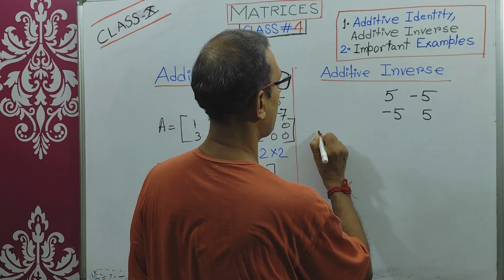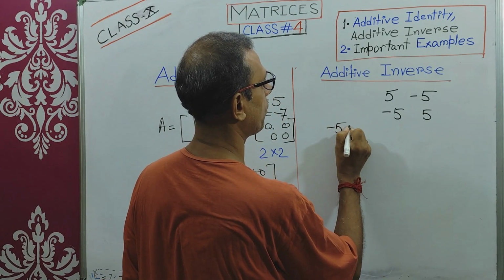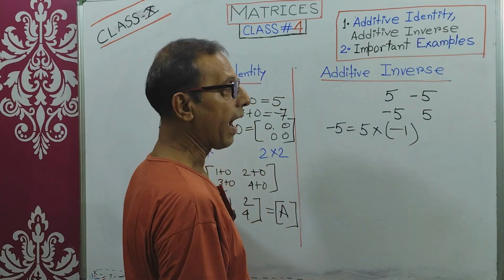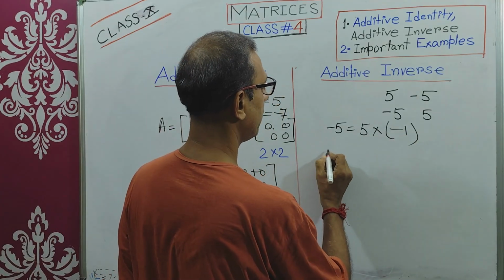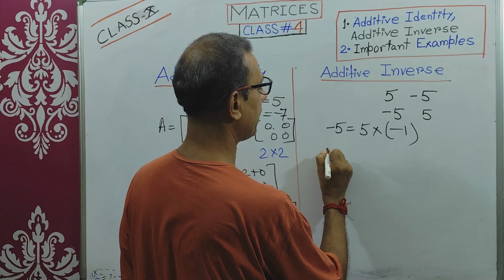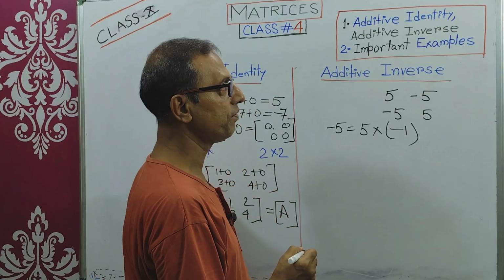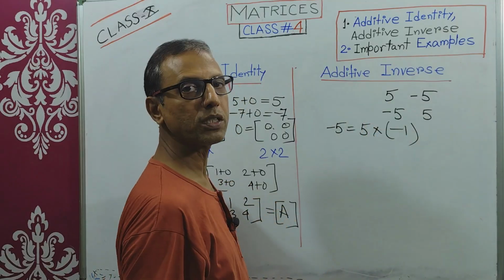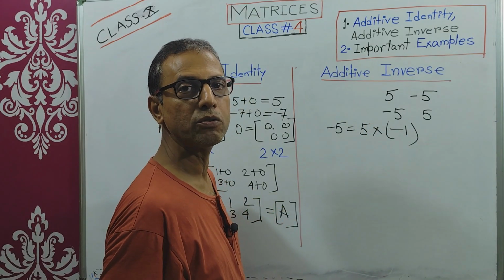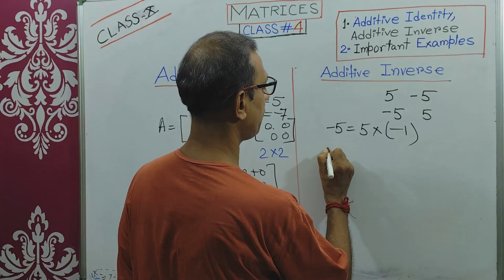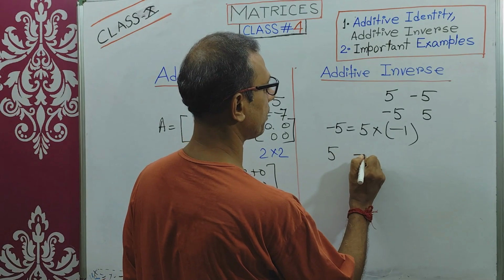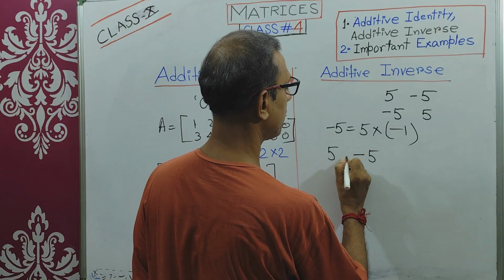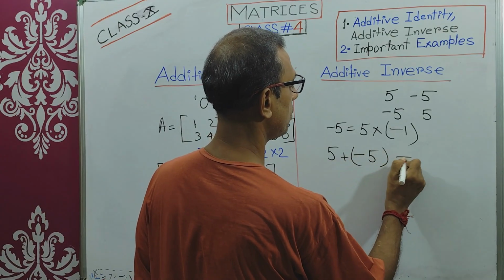That means minus 5 equals 5 into minus 1. And the property is that any number plus its additive inverse equals 0, because it is just the opposite sign but the same numerical value. So 5 plus minus 5 equals 0.